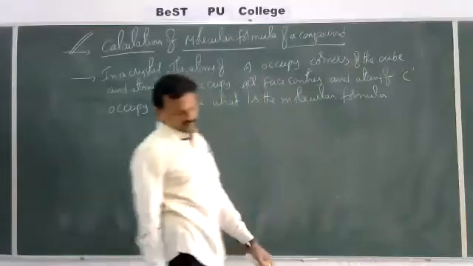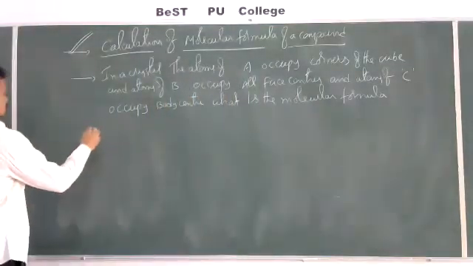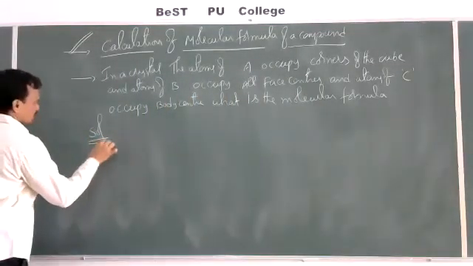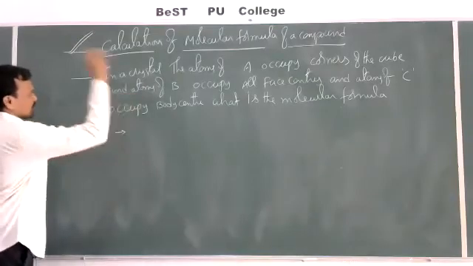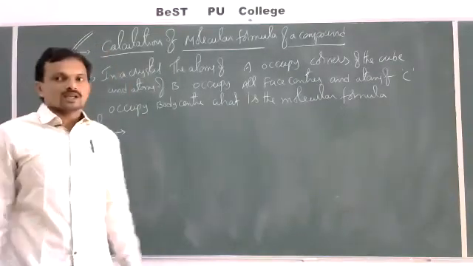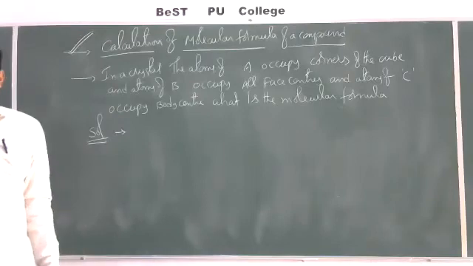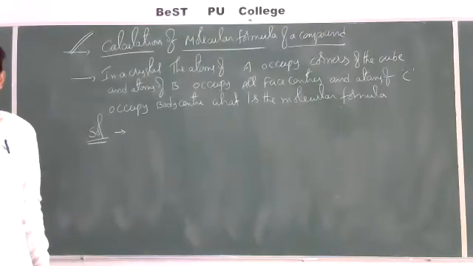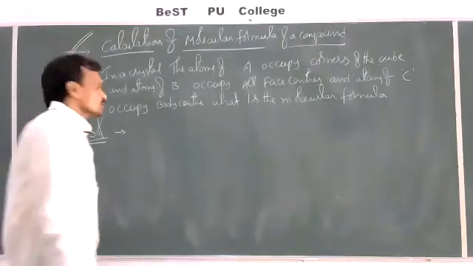This is a simple question, and there are some applications also. Those applicative questions we will discuss in tomorrow's class. Now let us see this first one. In a crystal, atoms of A, B, C, three types of atoms are there in a compound.